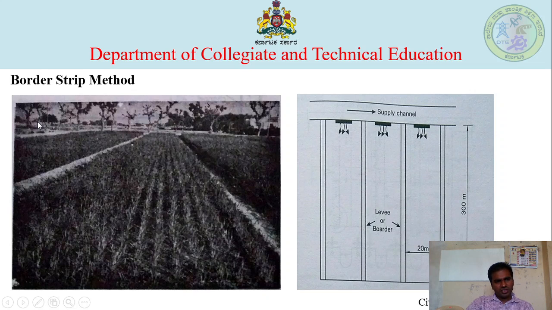Next method is the border strip method. Here this figure shows the border strip method of irrigation. This figure shows the schematic diagram of the border strip method. This is the actual diagram where the crop is grown.